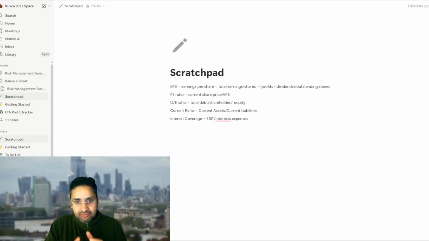And what does it mean for the risk? If this ratio is between 3.0 and 5.0, it's a comfortable buffer, very low default risk, and even if profit dips or interest rates go up, it's a very comfortable position to be in, a lot of buffer.